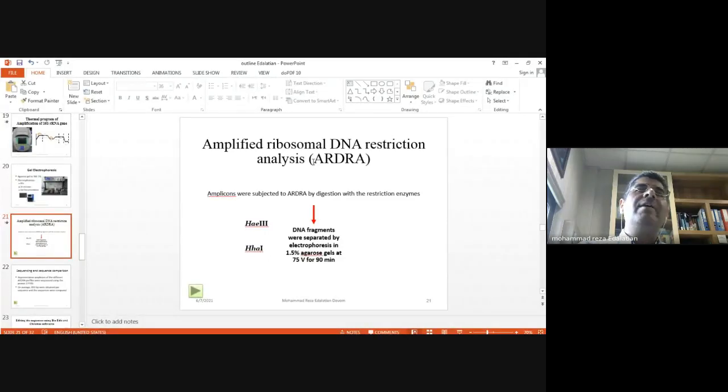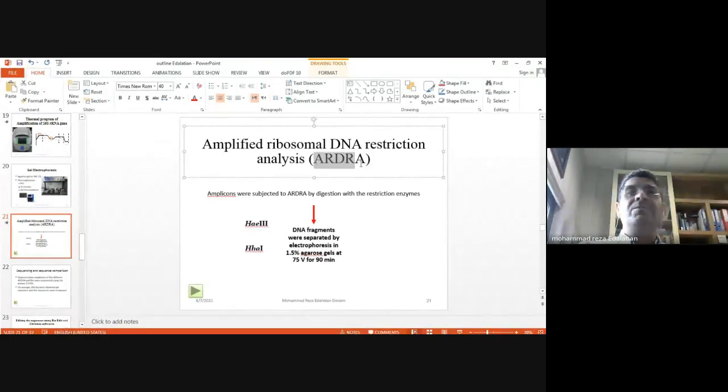For example, if we have 100 or 200 isolates, before sending them to sequencing, it is better to perform ARDRA, because this technique reduces the number of isolates, and we can save time and money.